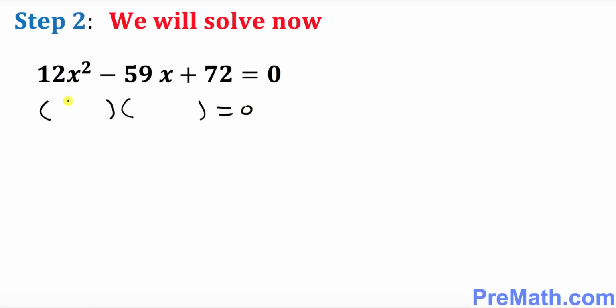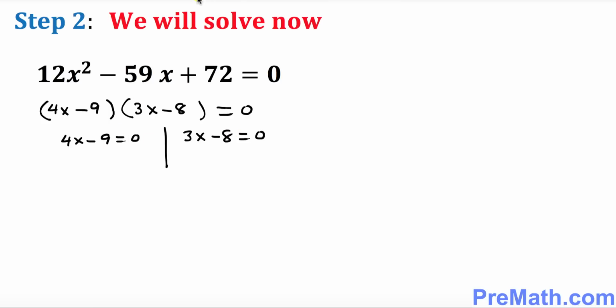The first one, 4x minus 9, and the other one, 3x minus 8, set equal to 0. Since the product is equal to 0, we're going to split them up. 4x minus 9 equals 0, and the second factor, 3x minus 8 equals 0.